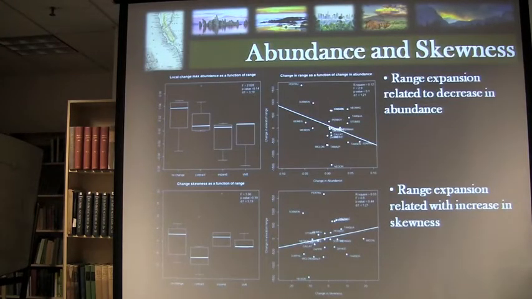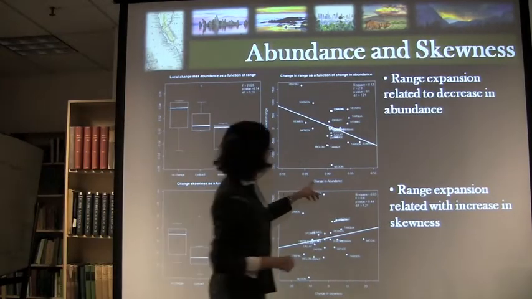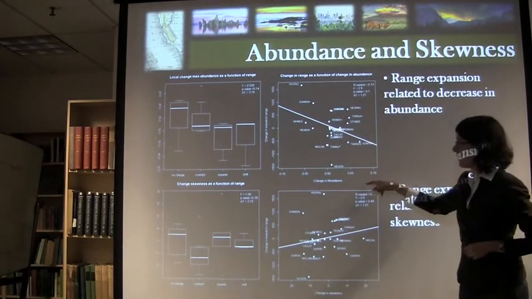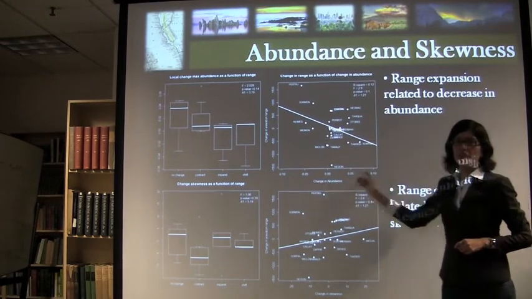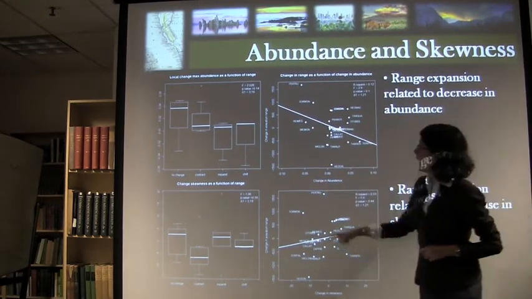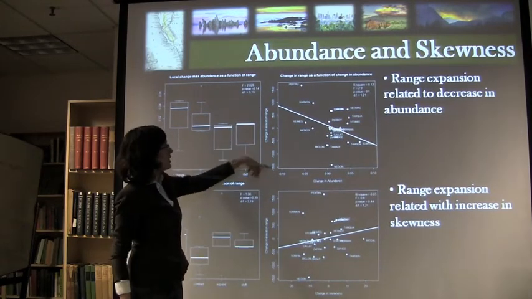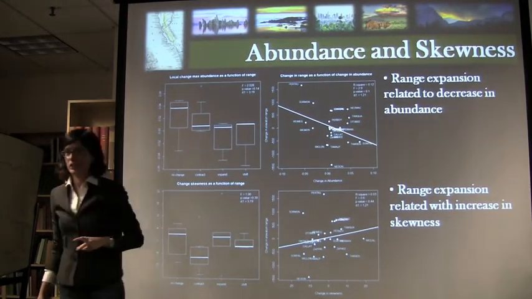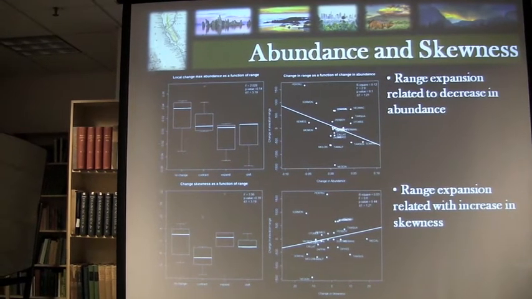And so basically what we found is that in the y-axis here you have change in abundance. So here is 0, you have decrease or increase, and in the x-axis you see the change in the elevation range. Basically what we found is that species that expanded their range were related to a decrease in their abundance.